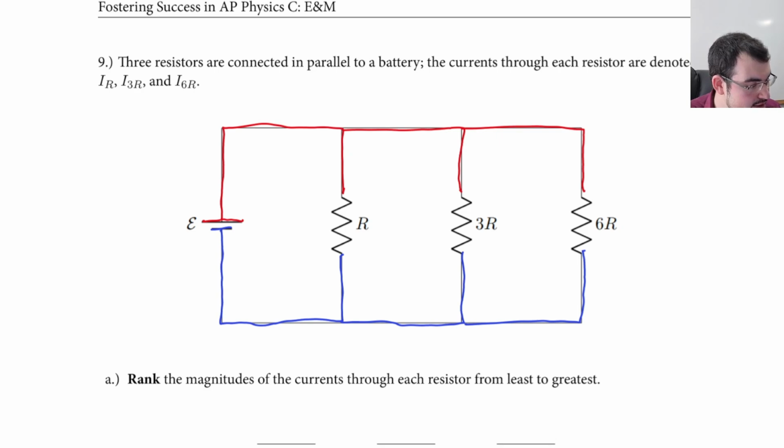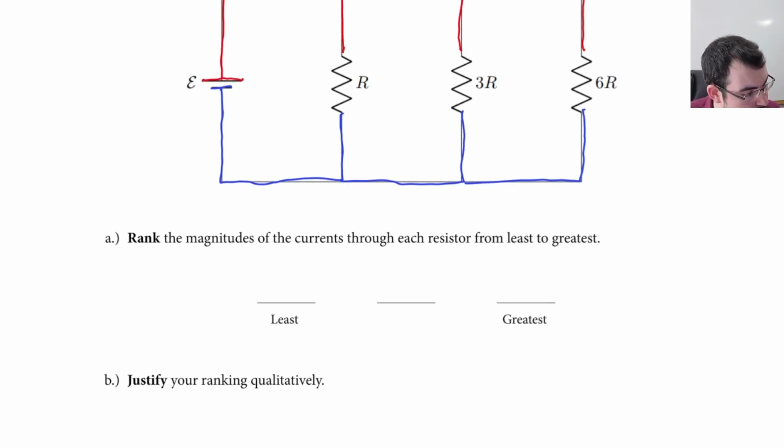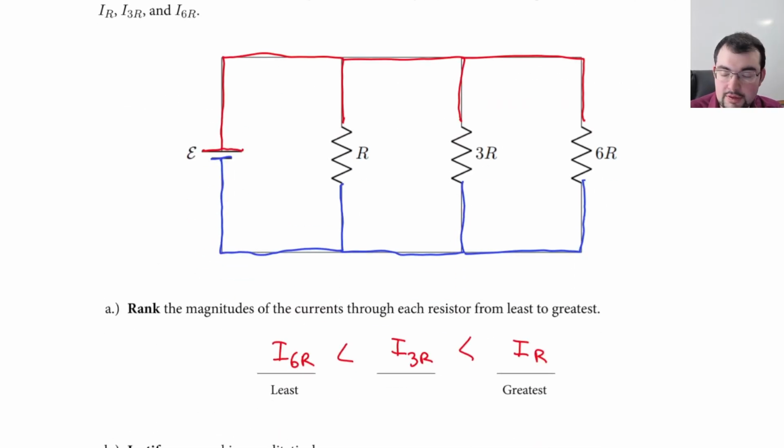So it makes sense that for any given time interval, the fewest customers go through the slow lane, then more customers go through the medium lane, and the most customers go through the fast lane. But of course, we live in physics land and not the fast food industry.